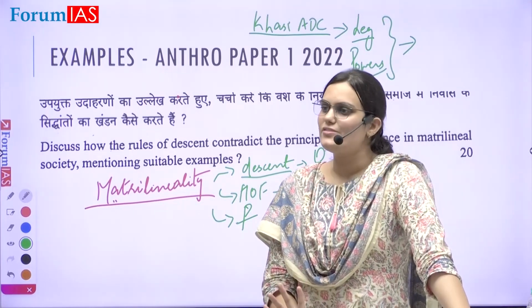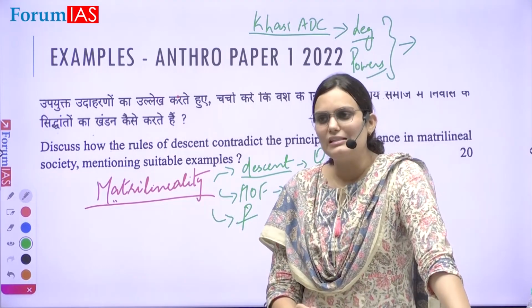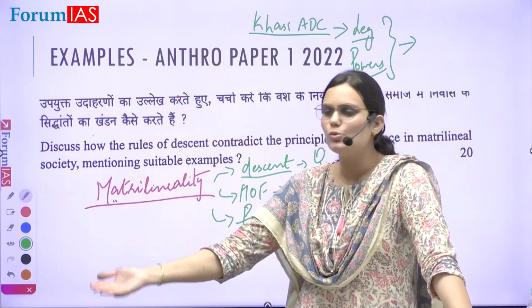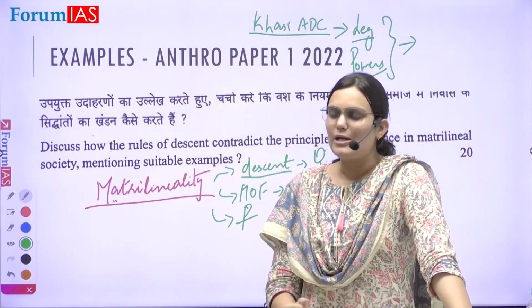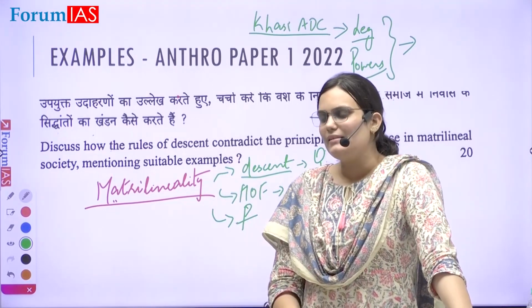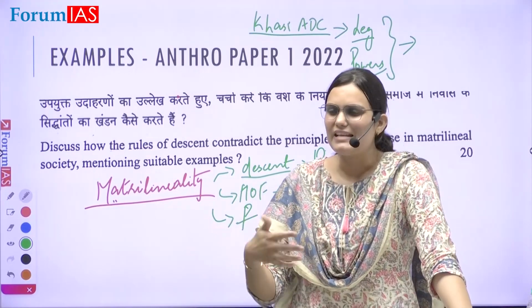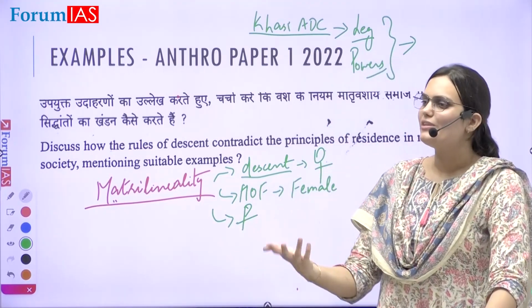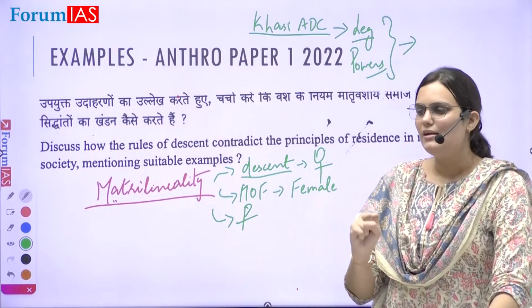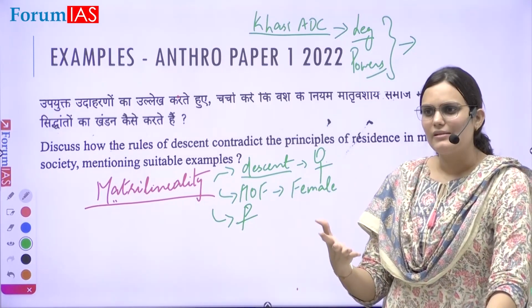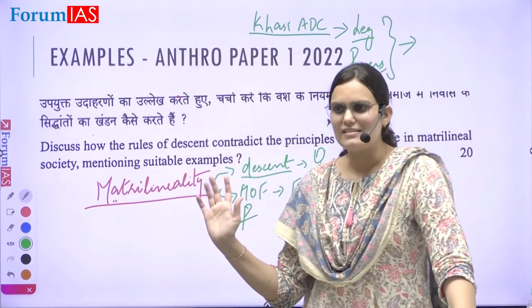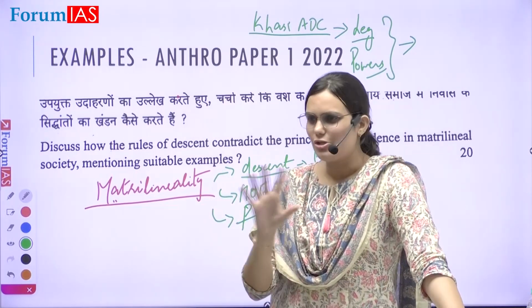Now, in spite of this, why was there a demand to move entirely to a patrilineal system? Because the people there said that the male members in the family are not getting any kind of remuneration from the family. For example, if I am a marginal farmer and a male member of the Khasi family, I will not get any share of property.